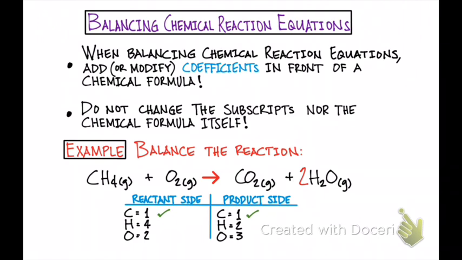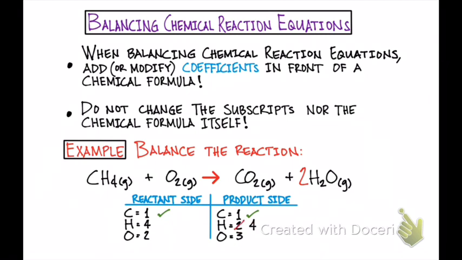By simply adding a coefficient in front of the water, H2O, allows us to balance hydrogen. So here we added 2 in front of H2O. Now we're going to have to recount the total number of hydrogens and oxygens for the product side.